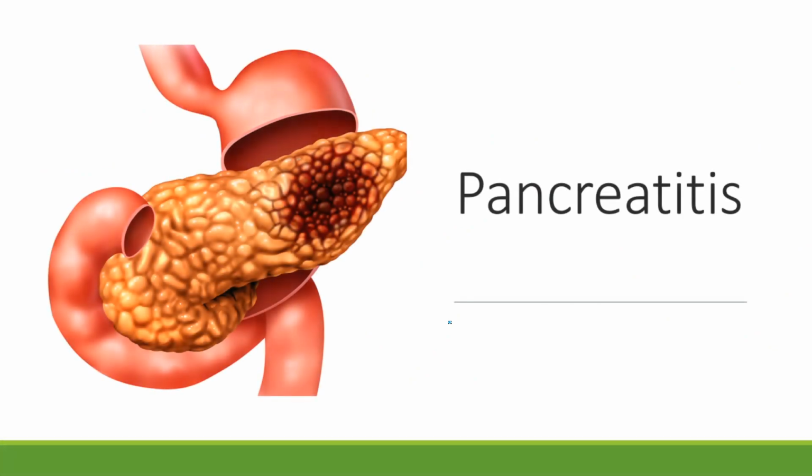Next one, pancreatitis. It is a condition characterized by inflammation of the pancreas. The pancreas is a large organ behind the stomach that produces digestive enzymes and a number of hormones. There are two main types, acute pancreatitis and chronic pancreatitis. If you look at the pancreas, it is a parenchymatous organ.